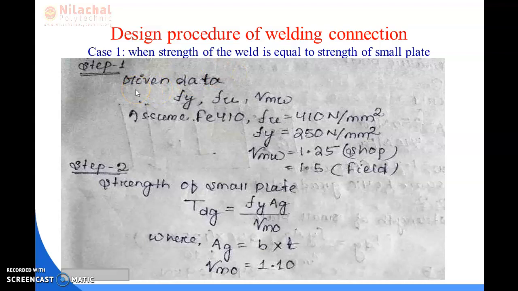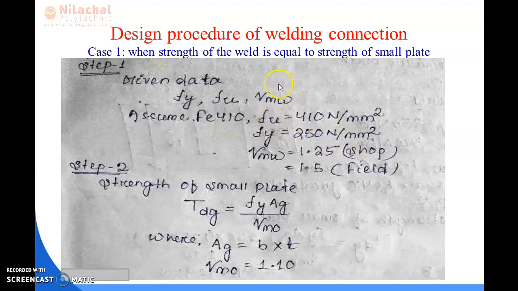So in step 1, you have to write the values of Fy, Fu and gamma MW. If the grade of the steel is not given in the question, you have to assume Fe410 grade of steel, for which your Fu, that means the ultimate strength of the steel, is 410 Newton per mm square, and Fy, that means the yield strength of the steel, is 250 Newton per mm square.